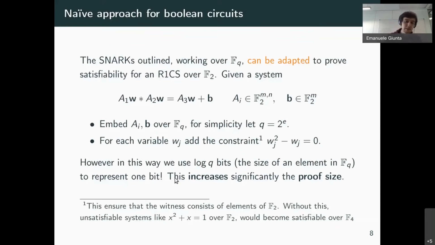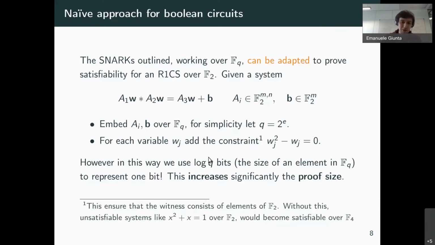Okay, this approach actually works. It has been deployed in several concrete systems, but it's significantly wasteful because for each bit of witness, we're using log Q bits in the proof. Just to give you a sense of scale, log Q is usually around 128.